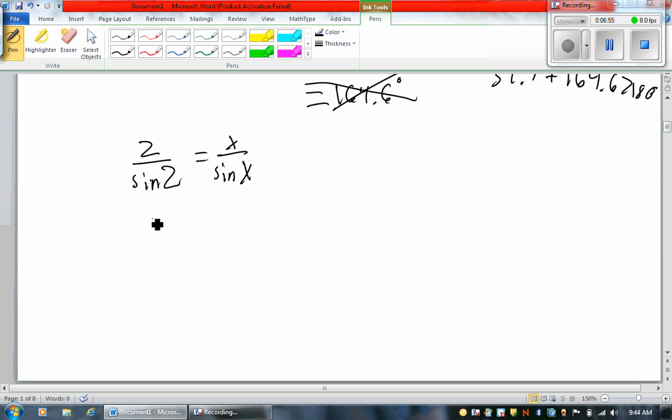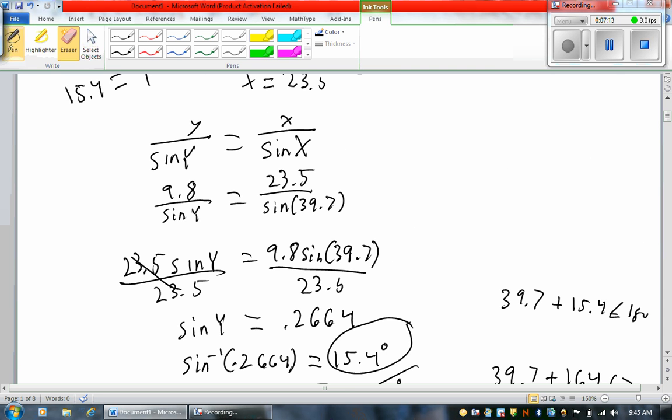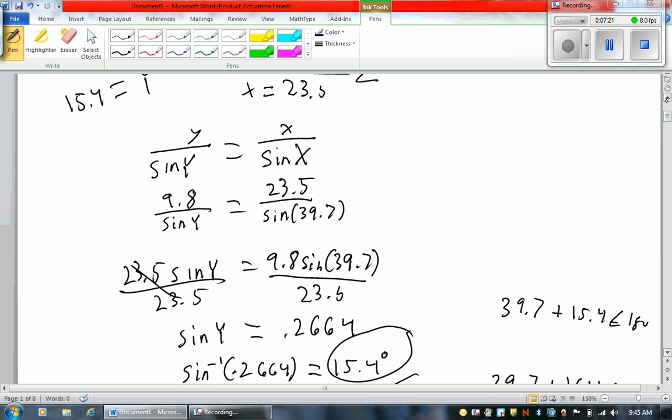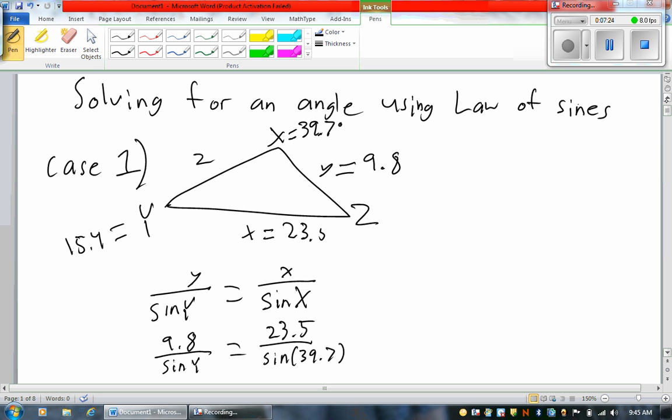But now that we've found angle Y, we could do law of sines to find our angle Z, but we also could use our rules about triangles.